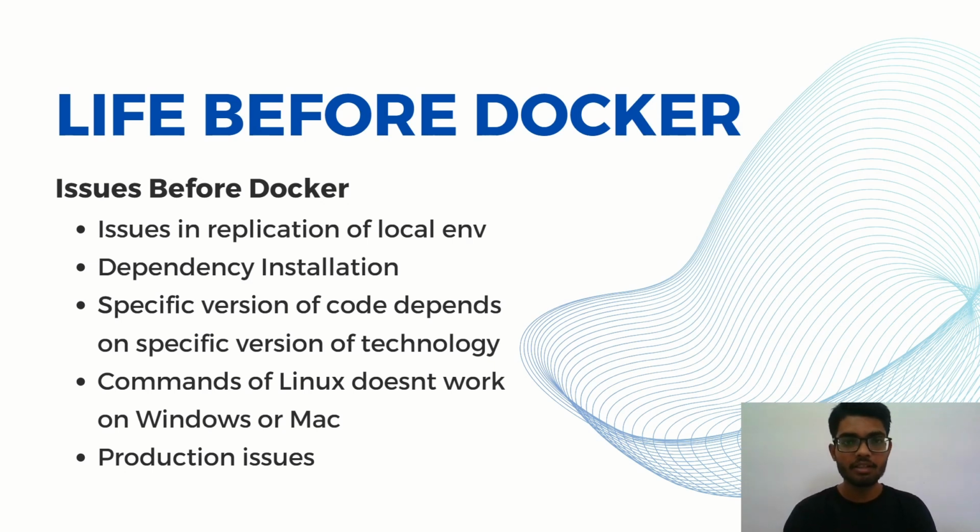friend's machine, and this is the biggest, you can say, critical problem, and we generally call it as "it works on my machine." So if it is working on my machine, why is it not working on the other person's machine? The reason is different versions, different dependencies, different operating system as well. We can see commands of Linux don't work on Windows or Mac.